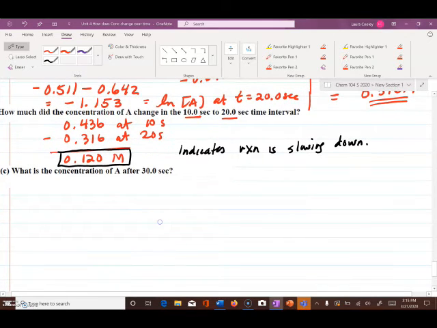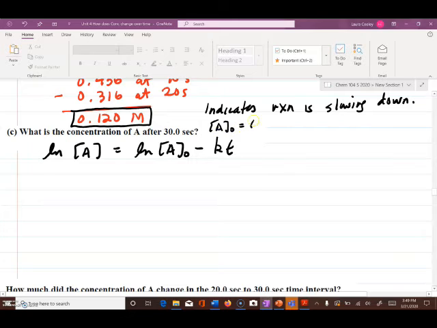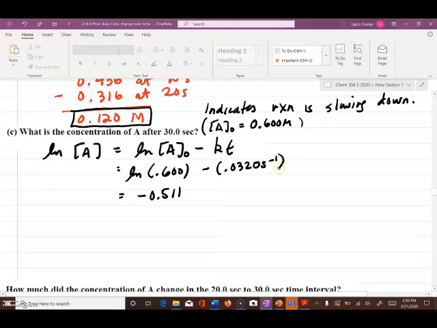Okay, so what's the concentration of A after 30 seconds? If the initial concentration of A is 0.6 molar, so remember that from before, this is ln of 0.6 molar, which we figured out is minus 0.511, minus 0.0320 times 30 seconds, okay? So if you multiply that out, you get 0.960.